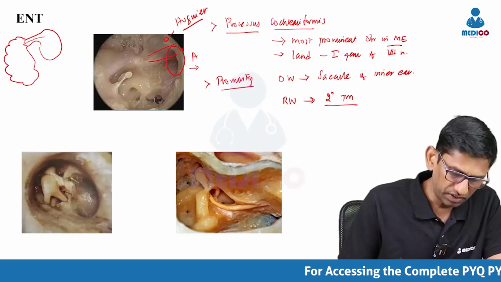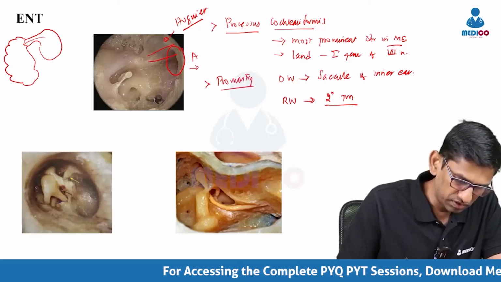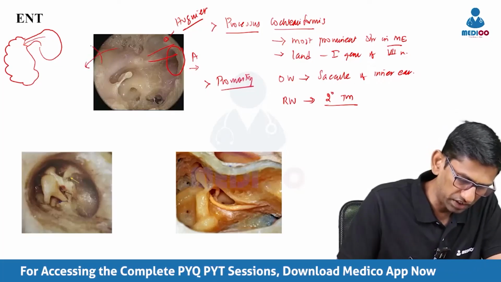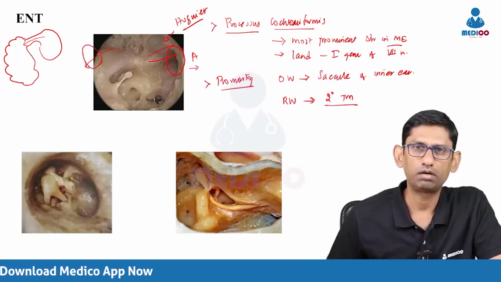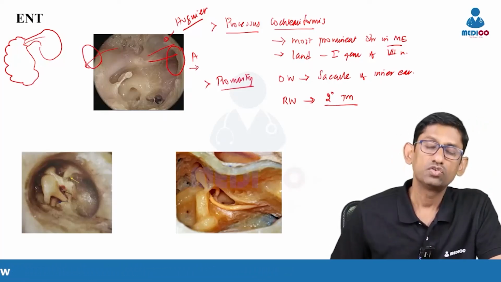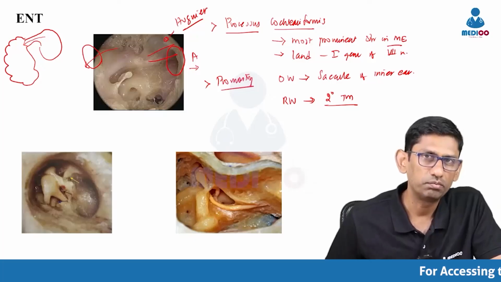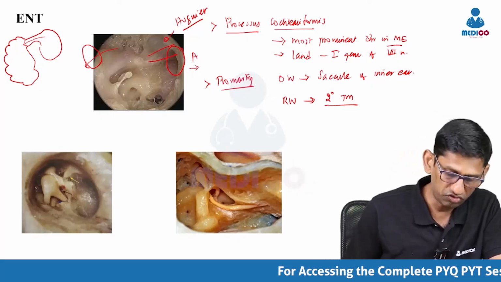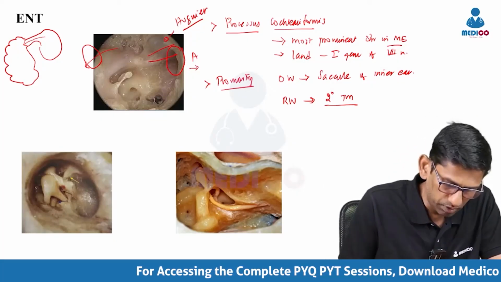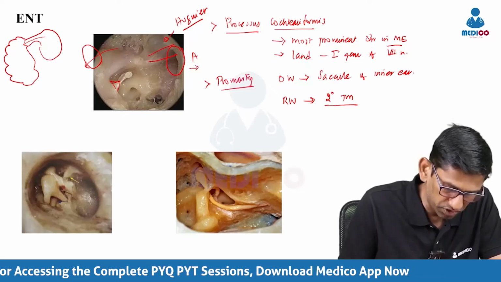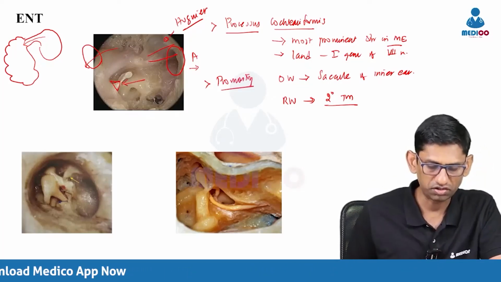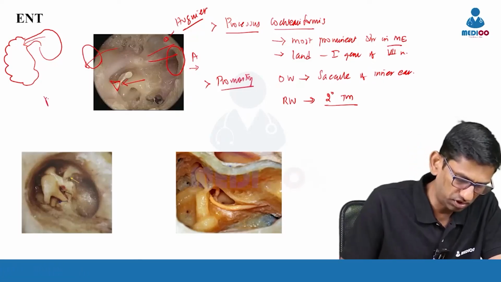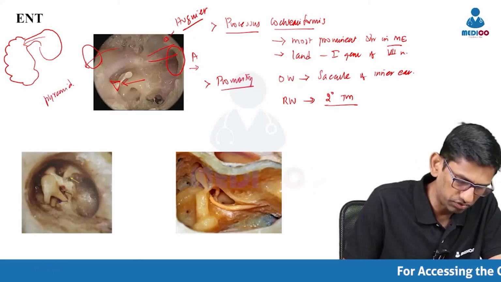So simply, in this same picture, this part is the aditus. There is an aditus canal connecting the epitympanum and the mastoid antrum, in the superior part of the posterior wall of the middle ear. And the second important structure in the posterior wall is the pyramidal projection. See this pyramidal projection. This is a very important structure, also called the pyramidal process.